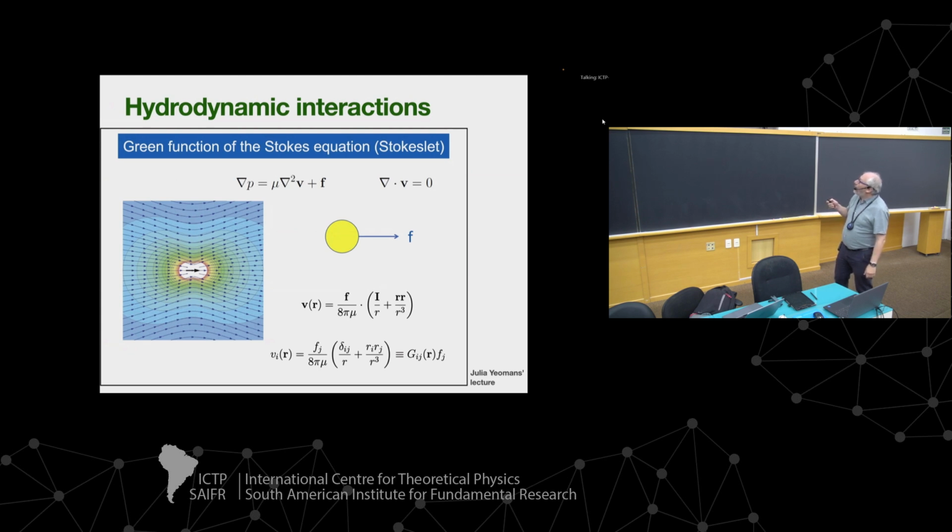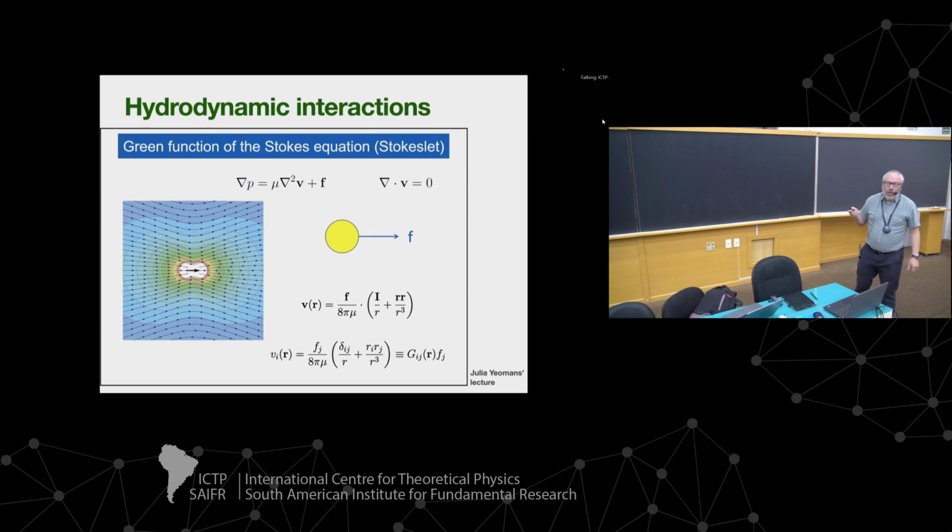You have the Navier-Stokes equations for fluids, but simplified to the case where the Reynolds number is very low. In that case, the Navier-Stokes equations reduce to the Stokes equations, where you have the gradient of the pressure and the Laplacian of the velocity.